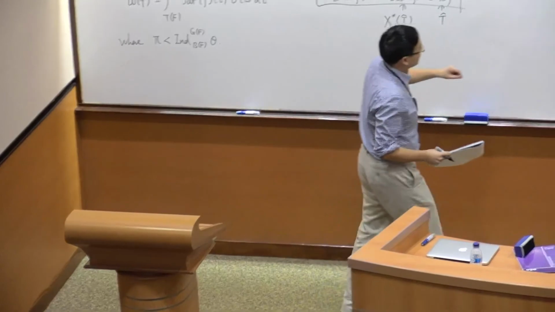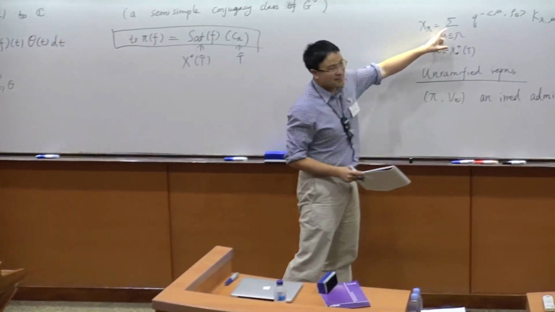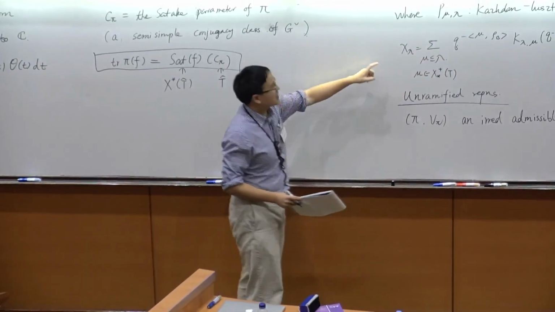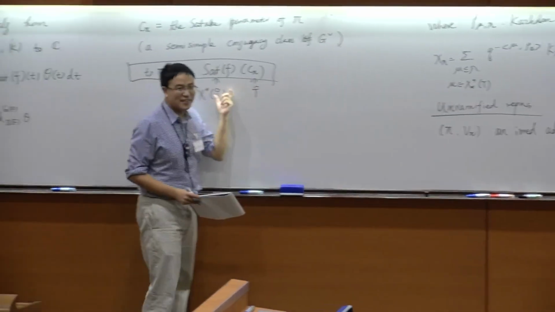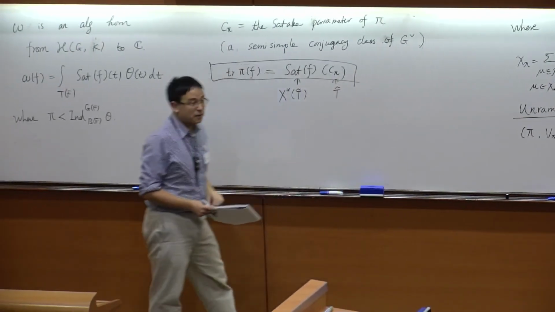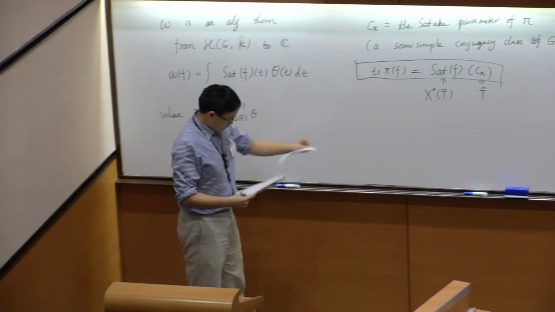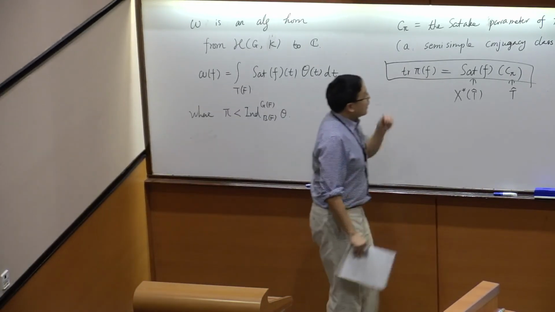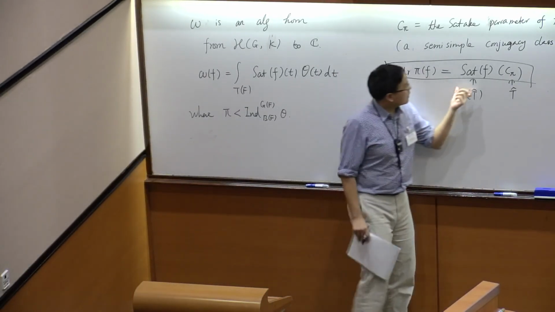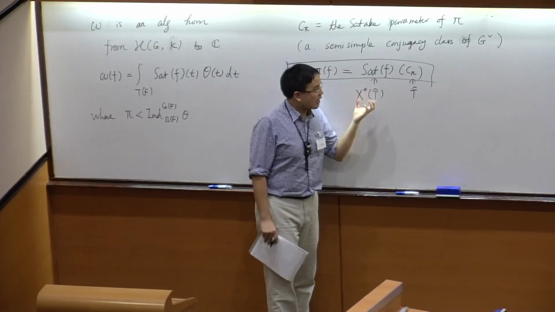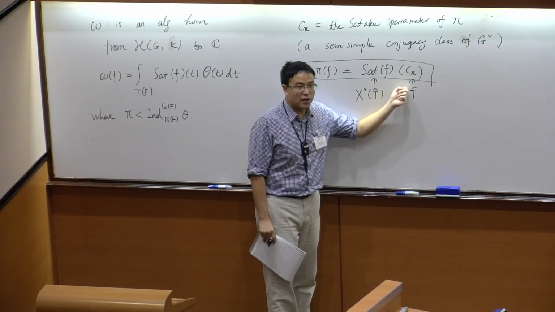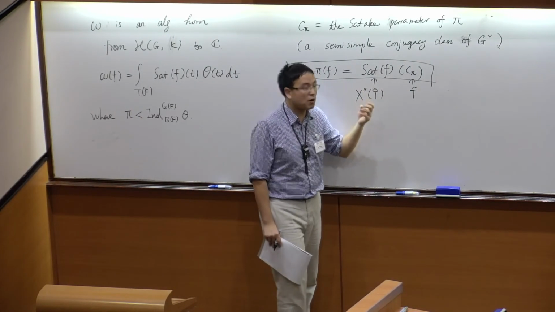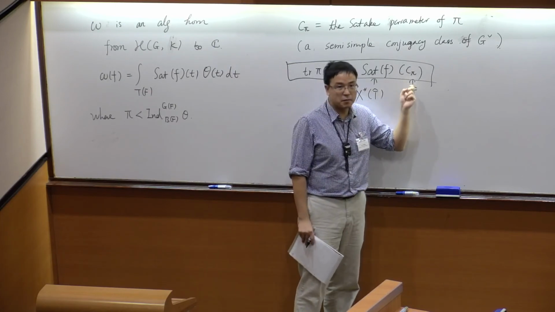So we have the Satake, right. This is the linear combination of the characters. Okay. Now this is a linear combination of the characters. If we take the values, this is basically the polynomials of those elements in the C pi.